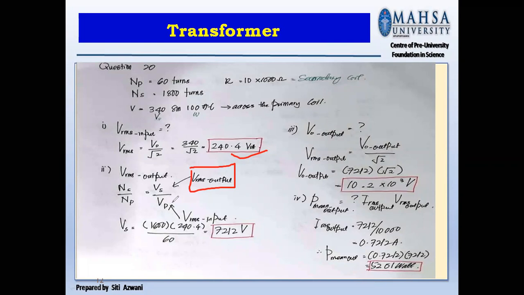By applying the formula NS divided by NP equal to VS divided by VP, you have NS 1800 times VP, 240.4, which you get from the answer of part 1, and then divide by 60, the number of turns NP.